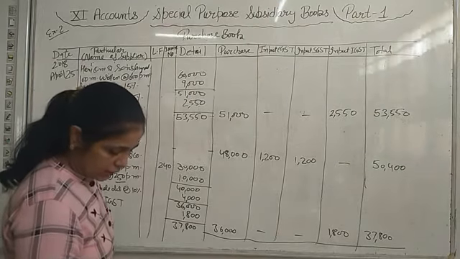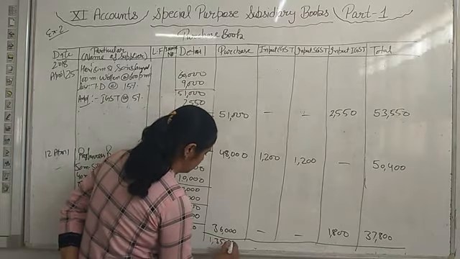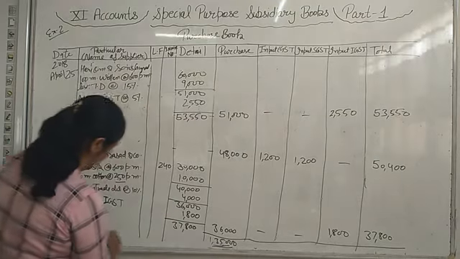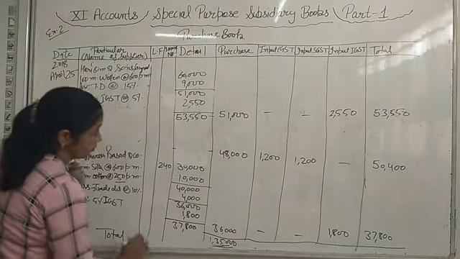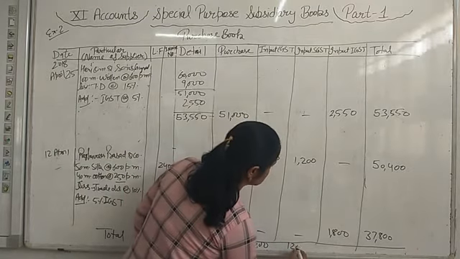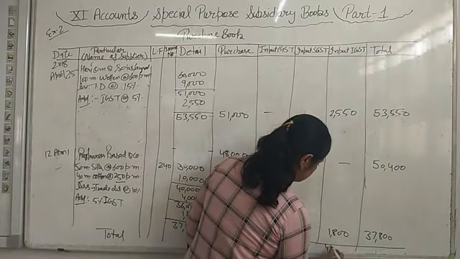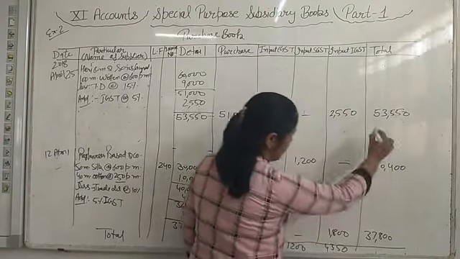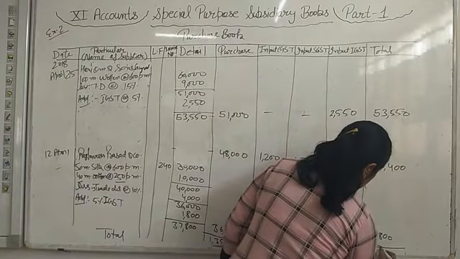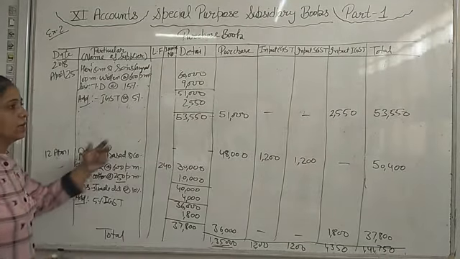Total of this will come to 1,35,000. Draw a line, close. Then the total is 1,41,750. So this is our purchase book.